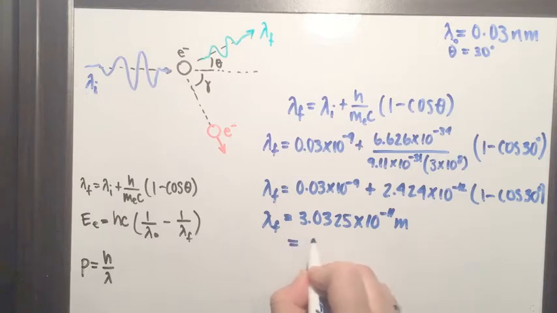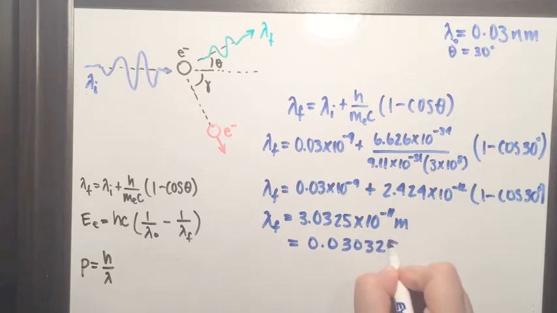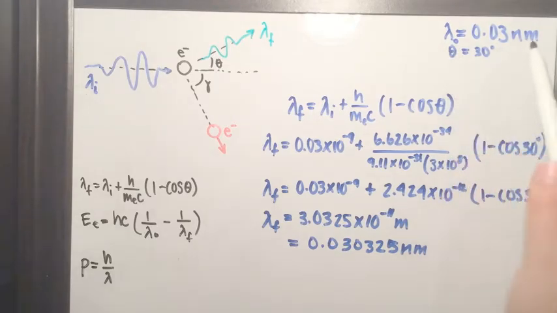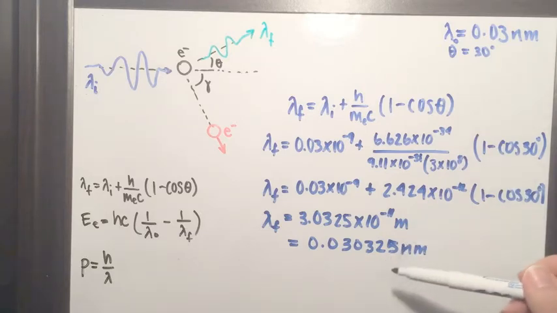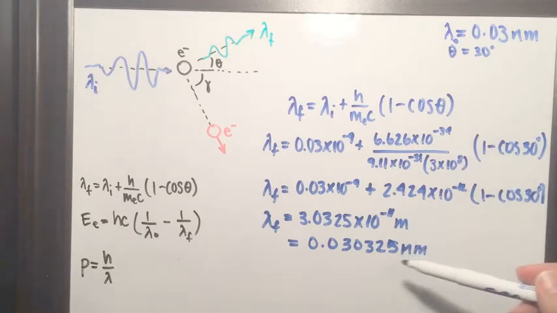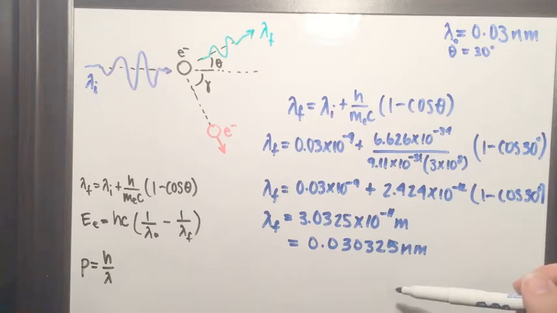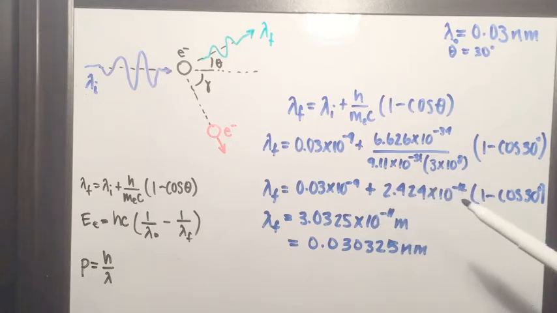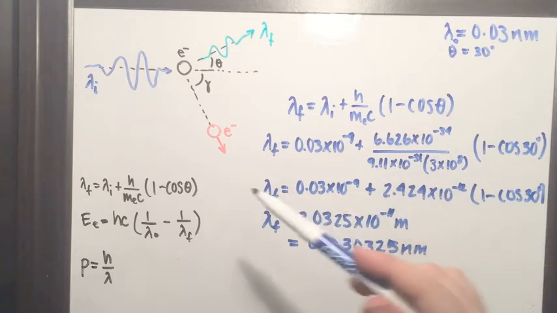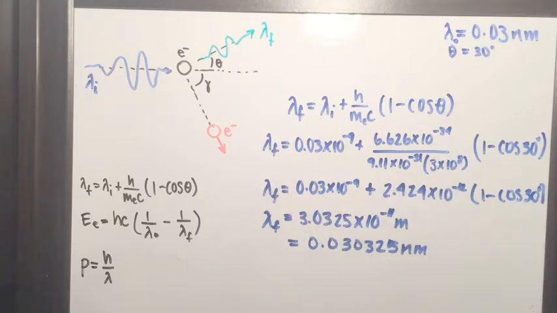So this is equal to 0.030325 nanometers. If we compare this value to our original wavelength, it's not too much bigger, but the wavelength does get bigger when the photon is scattered by a collision with the stationary electron.